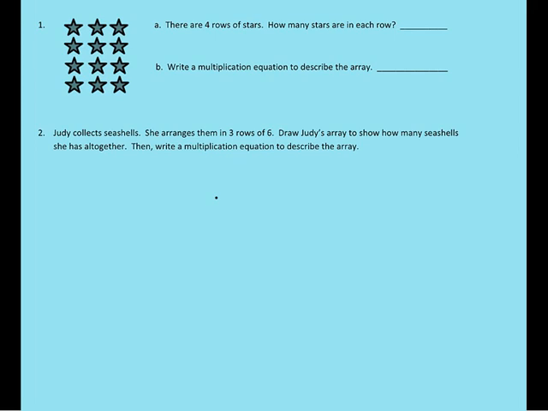Okay, the question here is, there are 4 rows of stars. How many stars are in each row? Okay, so if the question is how many, then you have to find the total number of stars, which is given in the picture.